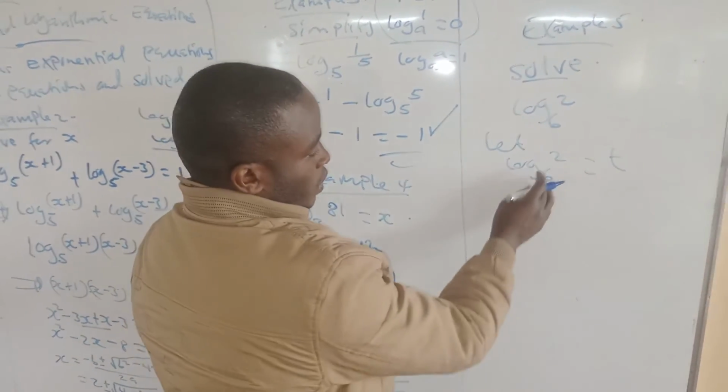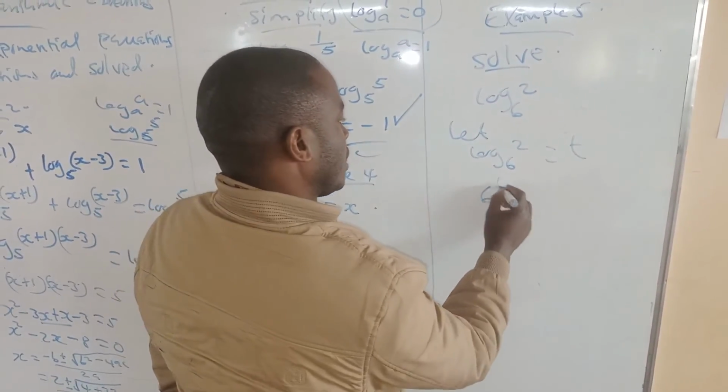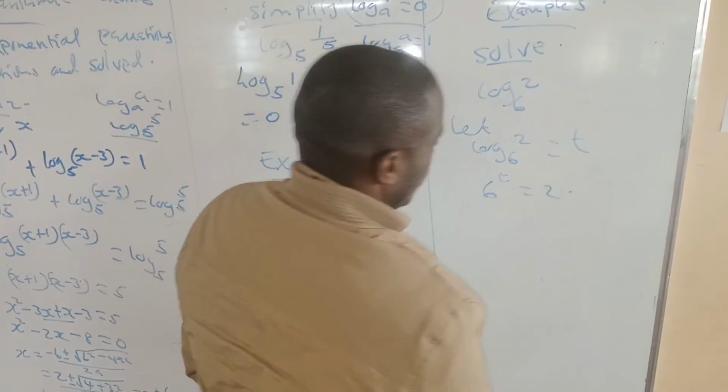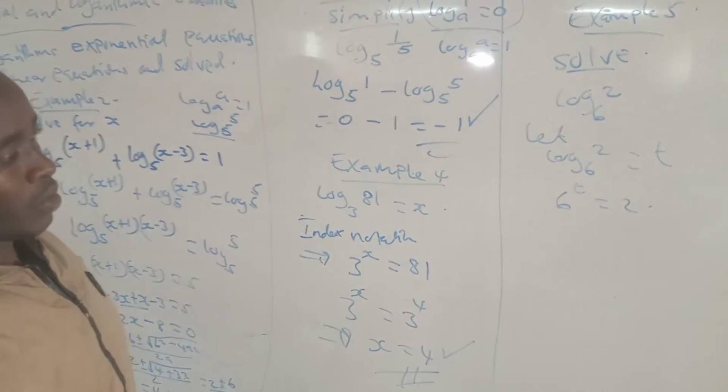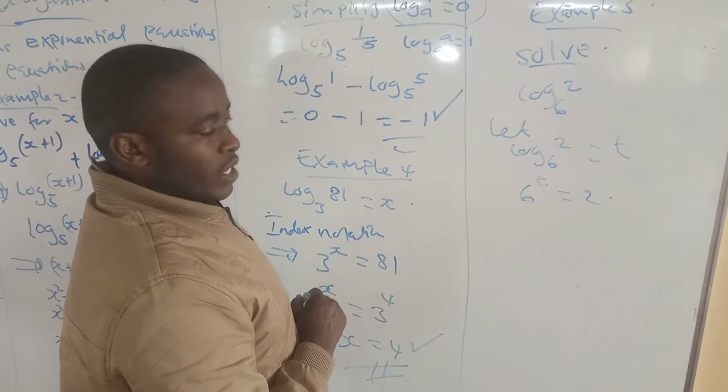After doing that, we change it to index form. It will be 6 to the power t equals 2. Like I've said before, we introduce logarithm on both sides.